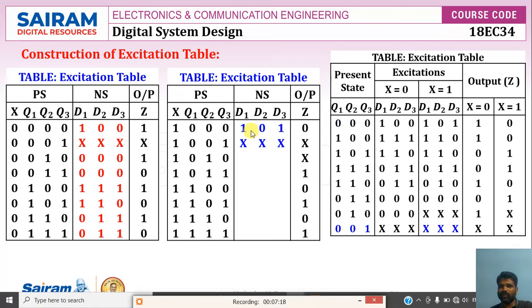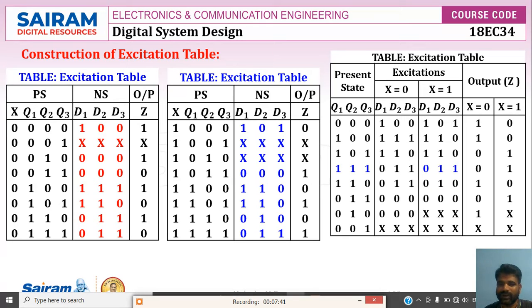Next combination 001, don't care. And 010 don't care, and 011 000, 100 110, 101 110, and next 110 010, and 111 011.